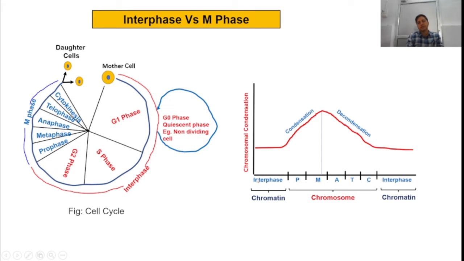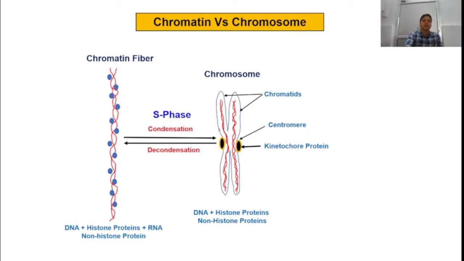So from this discussion, it is clear that in interphase, the term chromatin fiber is used, and in M phase, when the condensation is very high, the term chromosome is used. Chemically, they are the same: they are made up of DNA, histone protein, non-histone protein plus RNA.